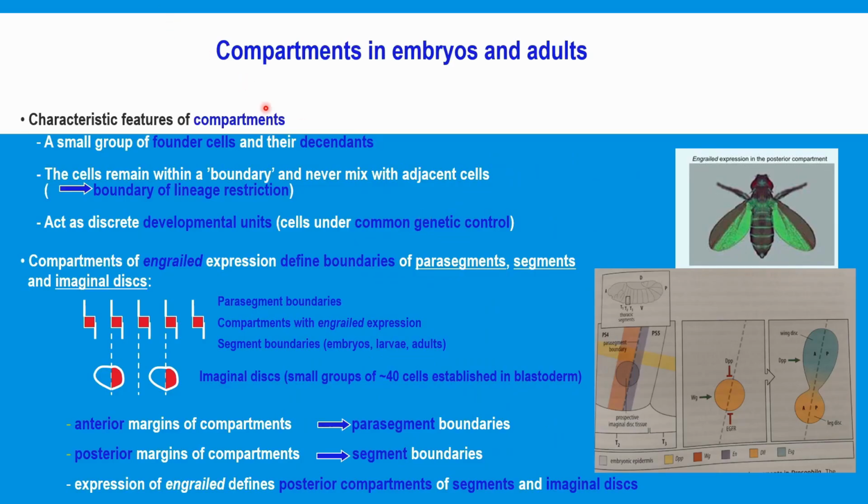This brings us to other areas in the animal that are also patterned during the embryo, and that is the tissues that will give rise to the adult, right? I mentioned these before. They are imaginal discs.